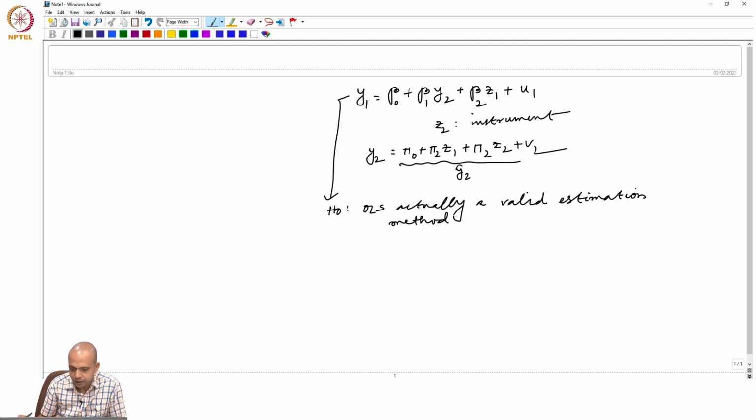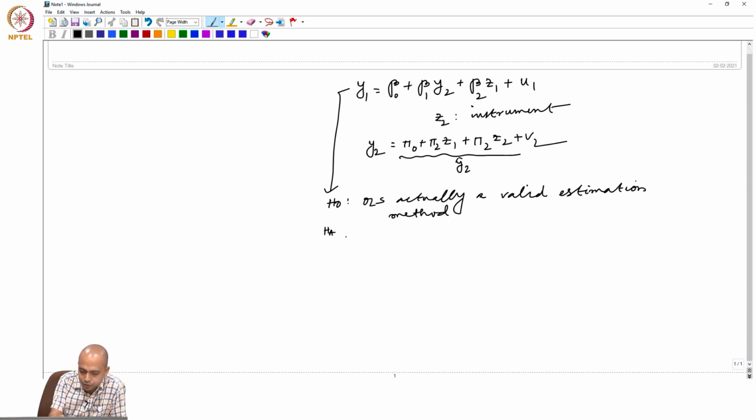That is the null hypothesis. And what is the alternative? The alternative hypothesis is that IV is a valid estimation.